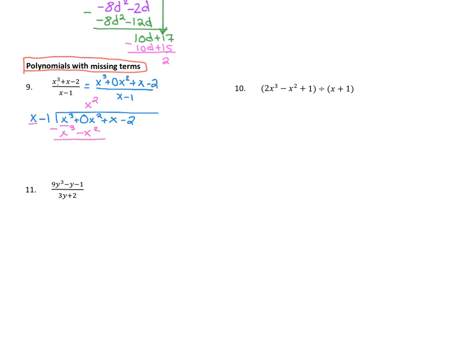Subtract, and you'll get x squared. Bring down the x. X times what is x squared? Well, x times x is x squared. So I'm going to have x squared minus x, which will give me 2x. Bring down the negative 2.